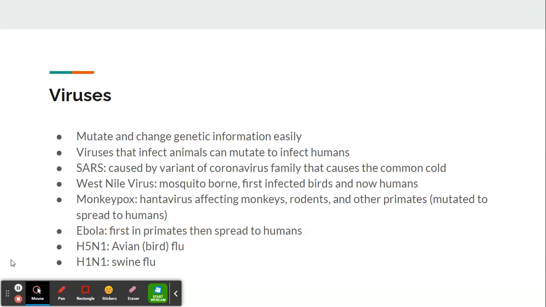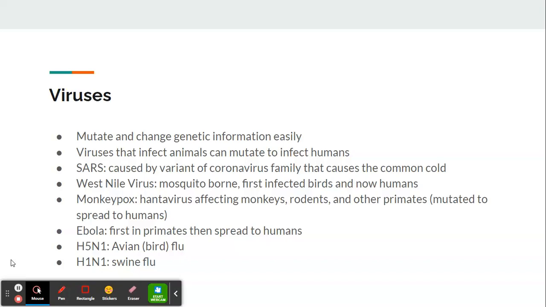So we also see that some of these viruses that infect animals have mutated to now infect humans. Examples of some of those are things like SARS, West Nile virus, monkeypox, which we are now seeing an unfortunate increase in. It's a hantavirus that we first saw in monkeys, rodents, and other primates and has now mutated to spread to humans.